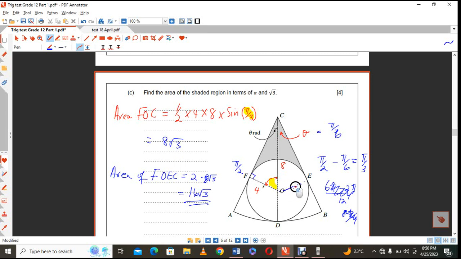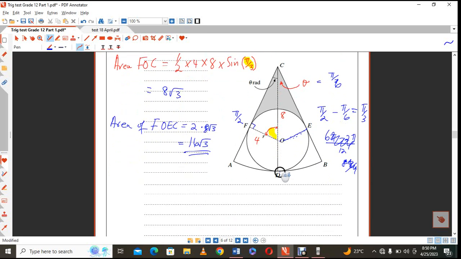So we need to find the area of this and subtract them from each other. So I'm going to say the area of sector FOE, and remember the formula: it's a half r squared times the angle.